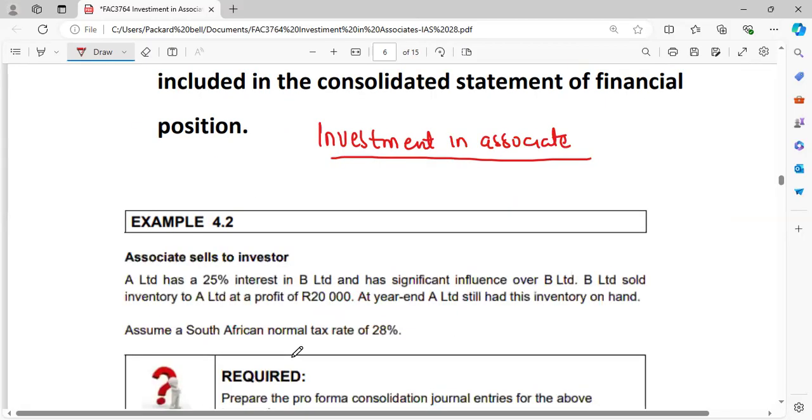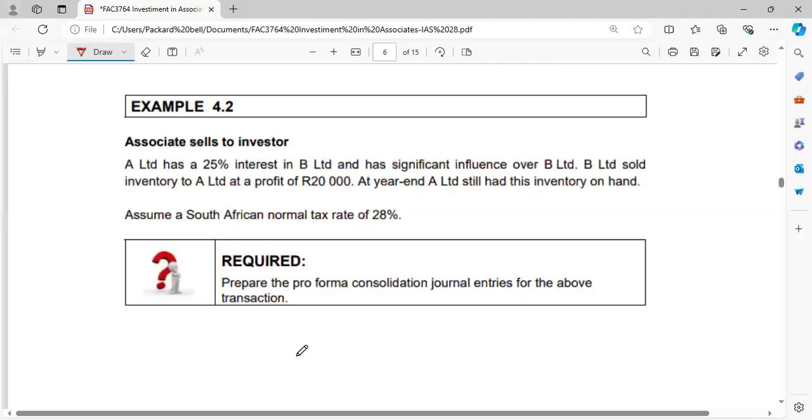Let's quickly look at this small example and see if we are getting there. They say A Limited has a 25% interest in B Limited and significant influence over B Limited. This significance, in most cases, they will tell you in your questions.